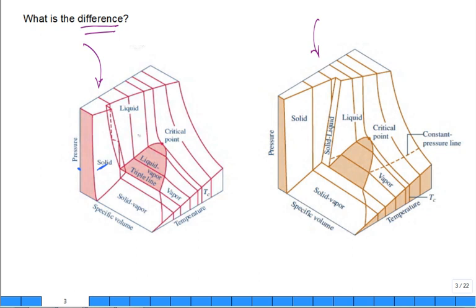How are you going to do that? You're going to heat it up. The temperature is going to increase at constant pressure. And so you're going along at a constant height along that solid face, increasing temperature, and then you hit this point where it's saturated solid, and then some of it starts to turn into liquid.